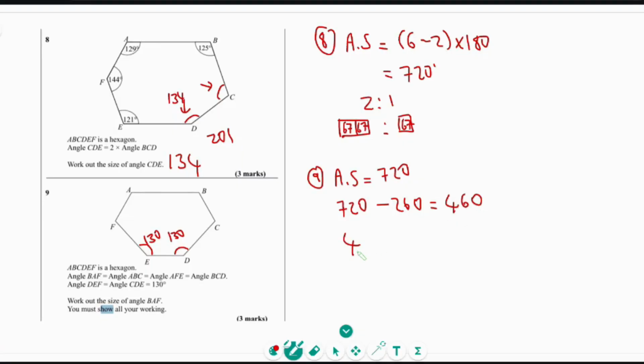Let's divide the 460 by 4 because there are 4 missing angles that are the same, which gives us an answer of 115.